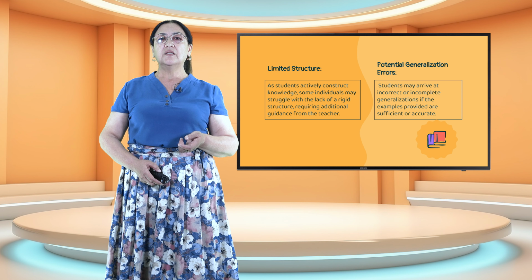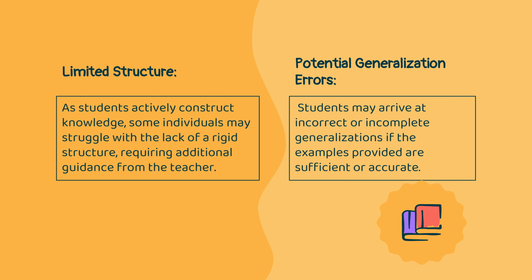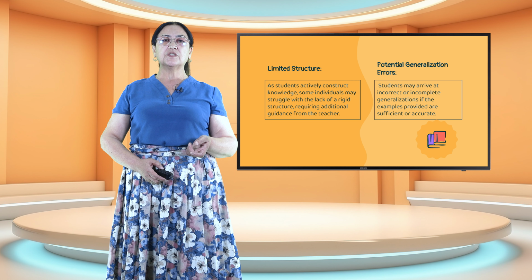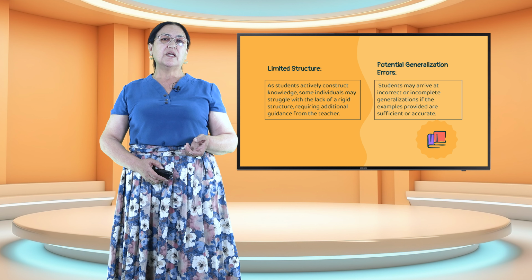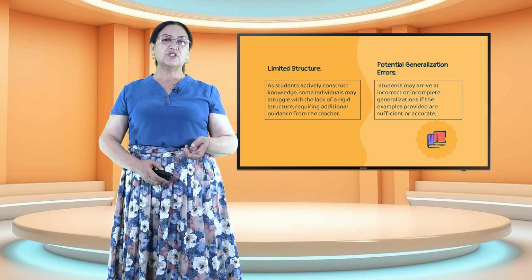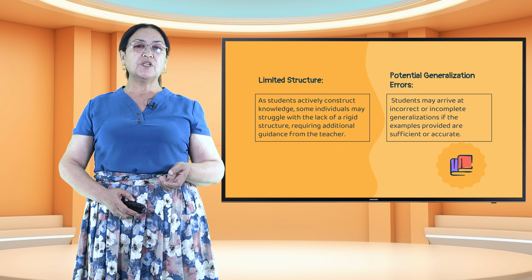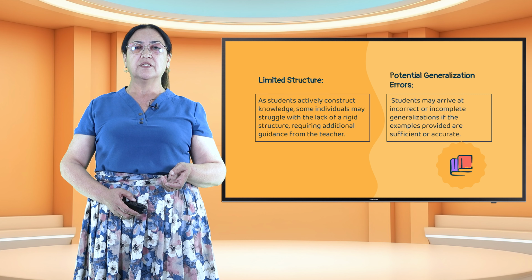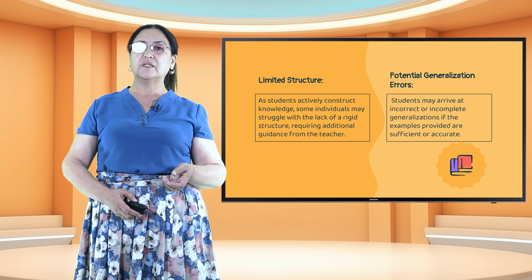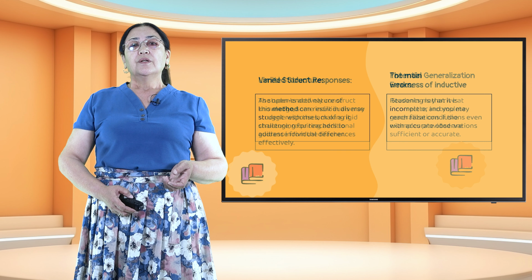And limited structure. As students actively construct knowledge, some individuals may struggle with the lack of rigid structure, requiring additional guidance from the teacher. And the next one is potential generalization errors. Students may arrive at incorrect or incomplete generalizations if the examples provided are insufficient or inaccurate.